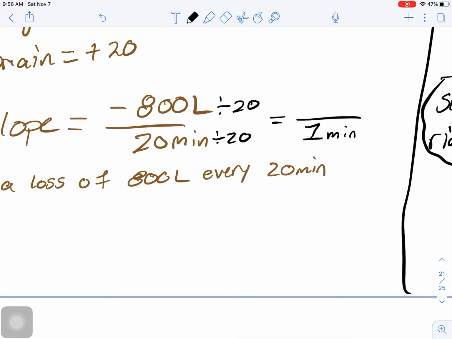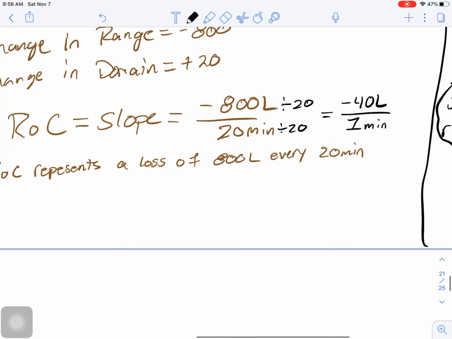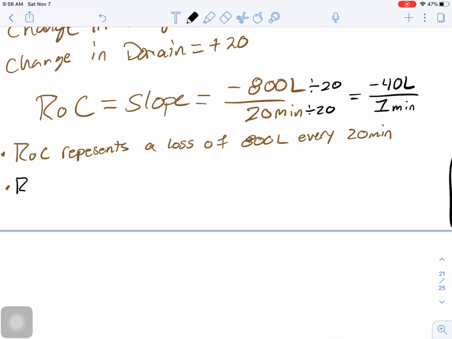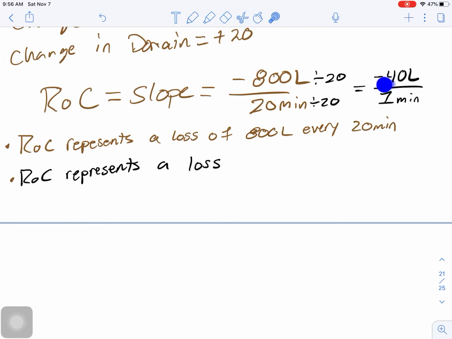So here I will get negative 40 liters. And that is another way to state my rate of change. Rate of change represents a loss. In this case, we're losing 40 liters every minute. So a loss of 40 liters every 1 minute.